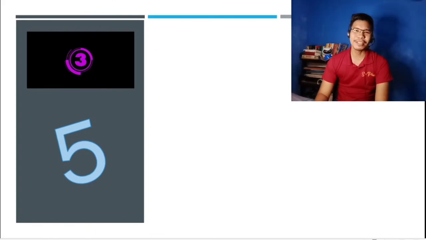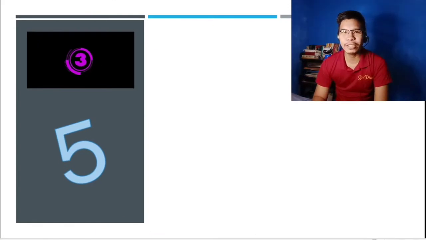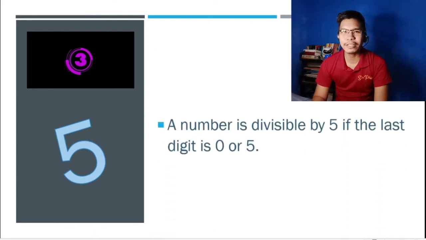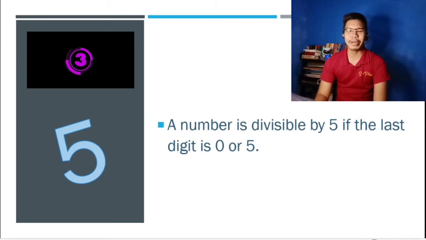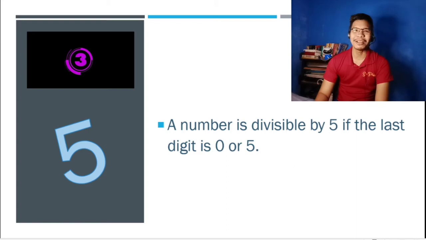Let us now proceed with the divisibility rule for 5. A number is divisible by 5 if the last digit is 0 or 5. So the only condition is that the last digit is 0 or 5 for us to say that a number is divisible by 5.